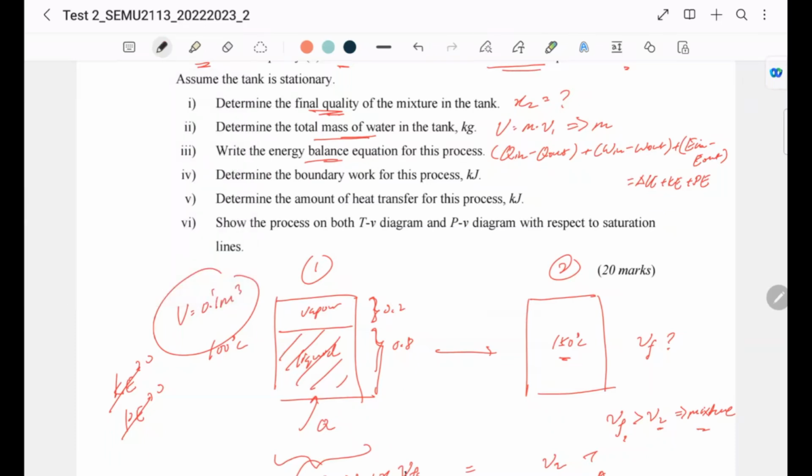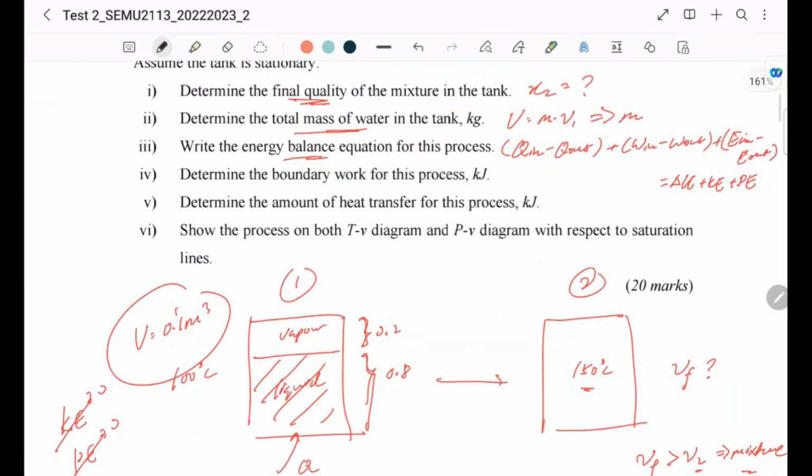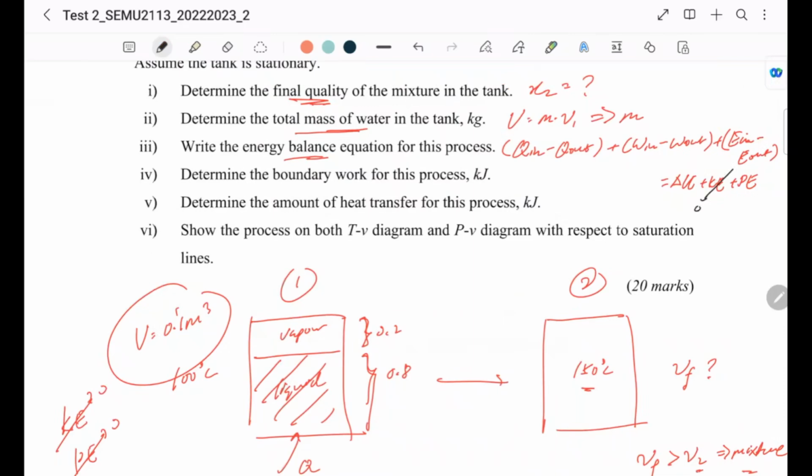We always write the full equation first. So this will be 0. No mass exchange because this is a closed system.